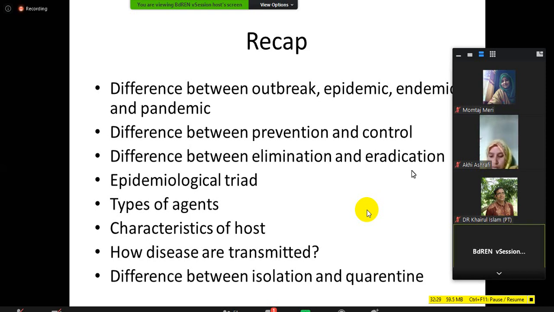If it is within the normal range, we consider it endemic, like diarrhea. In Bangladesh, and in many countries, a certain number of people suffer from diarrhea every year, especially during the dry season, when water can be polluted.